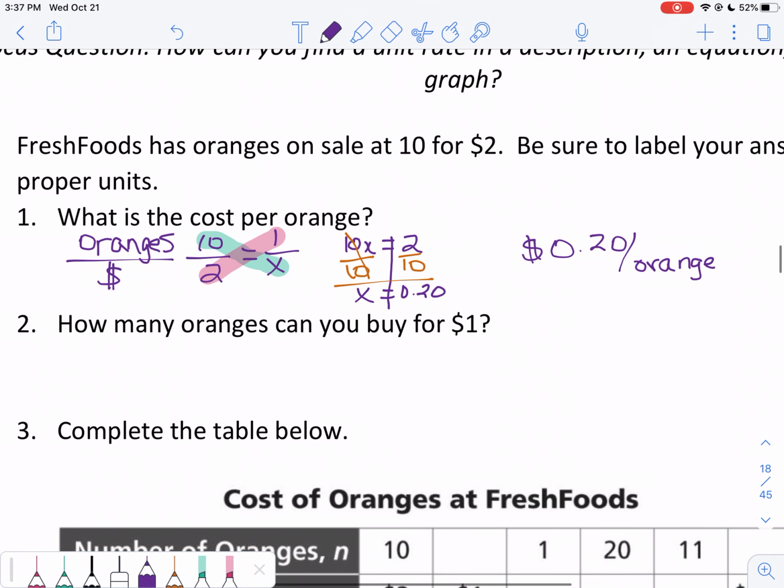So how many oranges can you buy for $1? So we could set up a whole other proportion, doing oranges over money, right? 10 oranges for $2. So how many oranges can we buy for 1? And then solve for x.